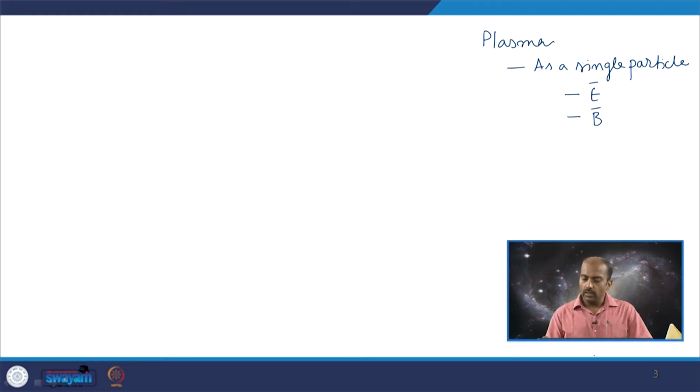We considered the field to be in a particular direction, and a particle such as an electron or ion experiencing these fields. What we realized is that in both these pictures, the net amount of work done, that is the change in kinetic energy or total energy, was 0. This is what we have noticed.